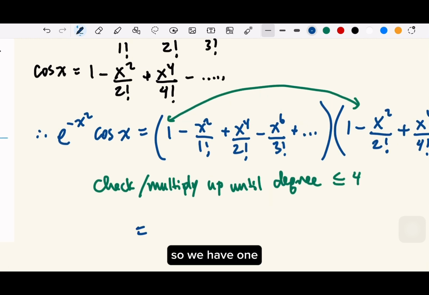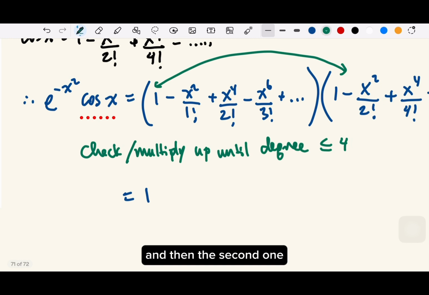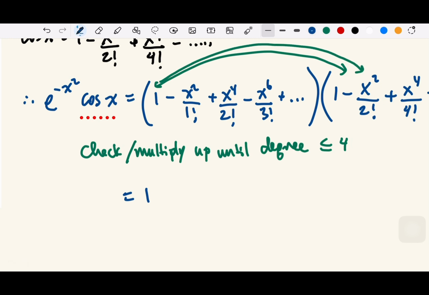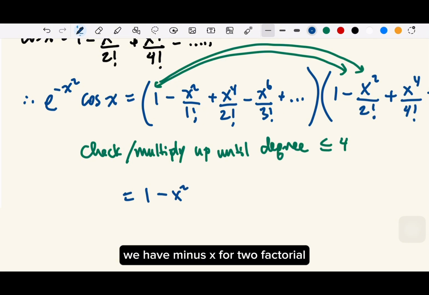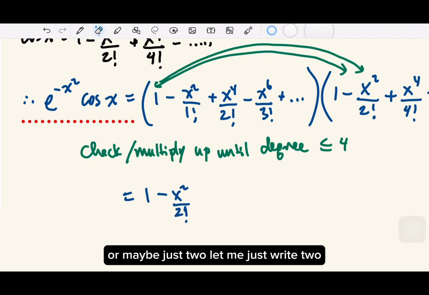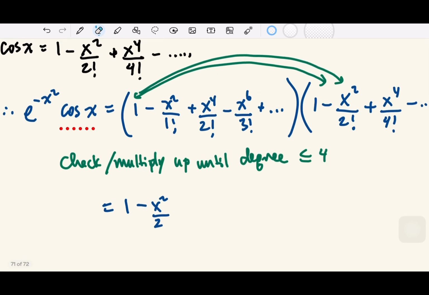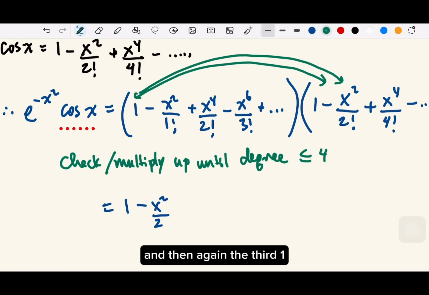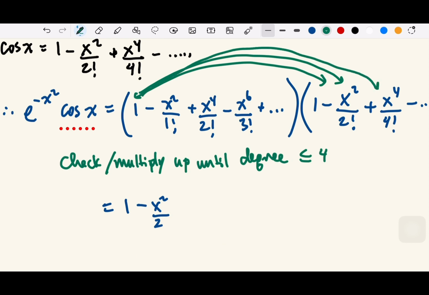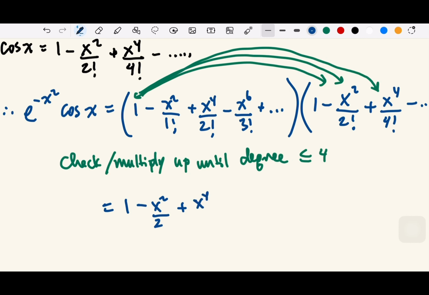So we check 1 to that. We have 1, and then the second one, we have minus x squared over 2 factorial, or maybe just 2. Let me just write 2. And then the third one, plus x to the power 4 over 4 factorial, which is 24, right?